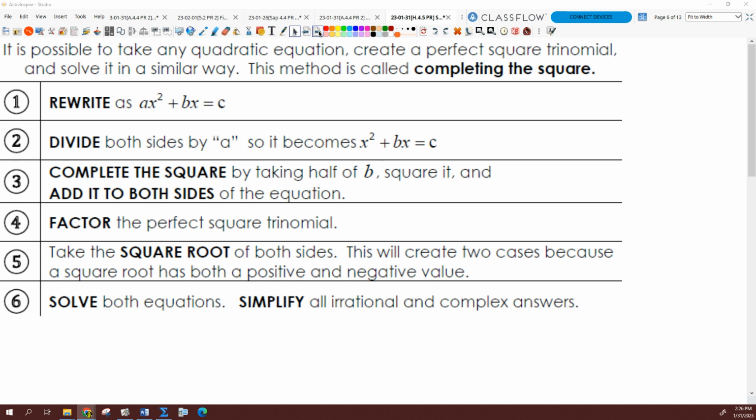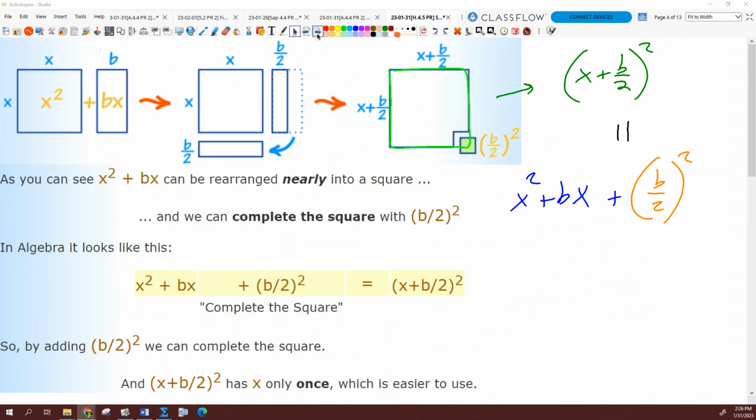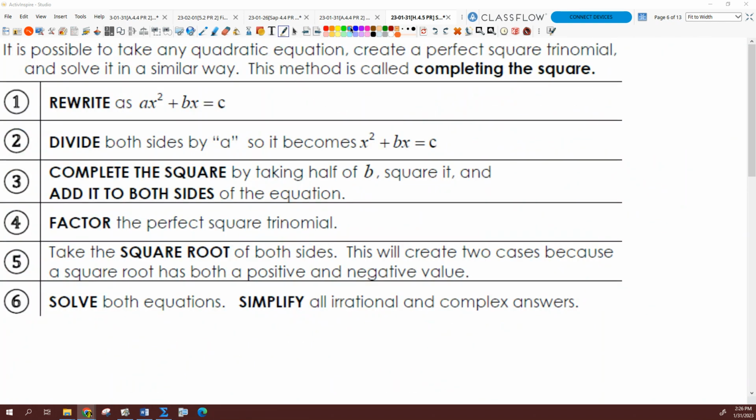Then you have to get this into the form. You have to make it look like x squared plus bx equals some other stuff on the other side, right?